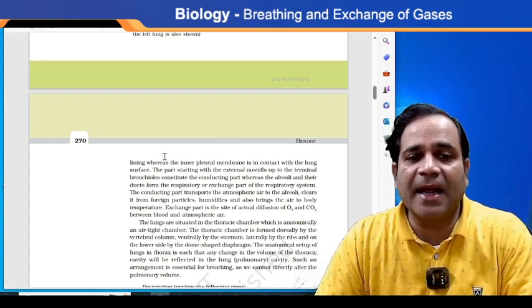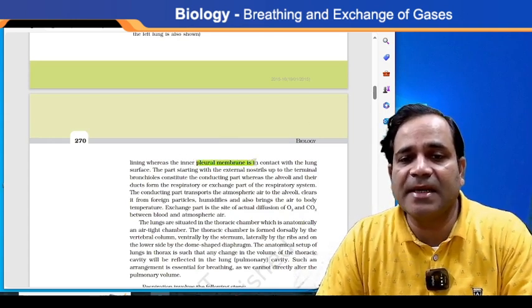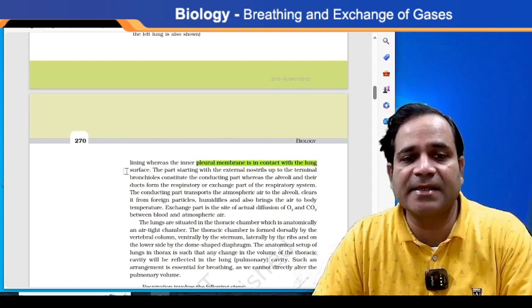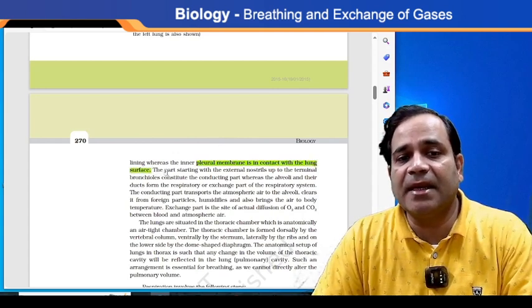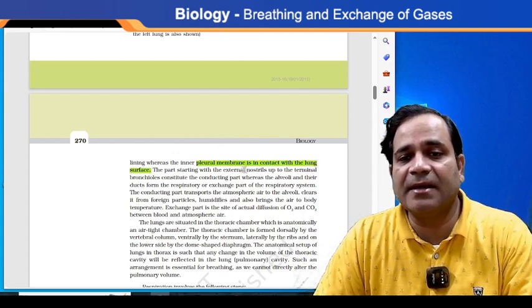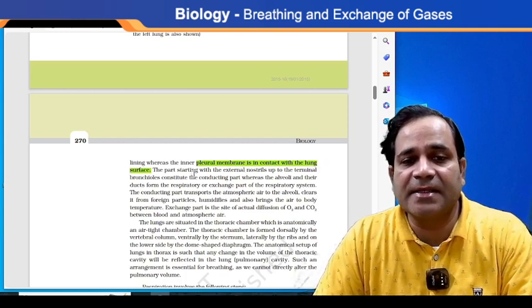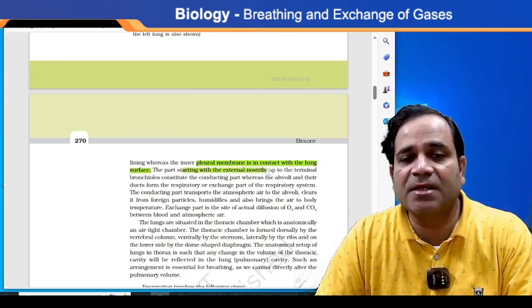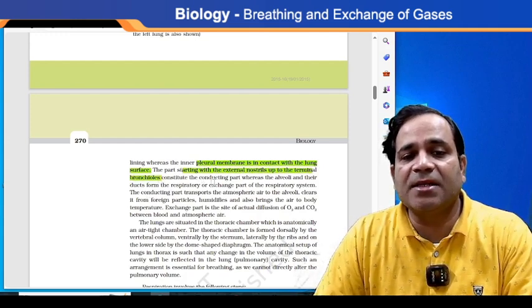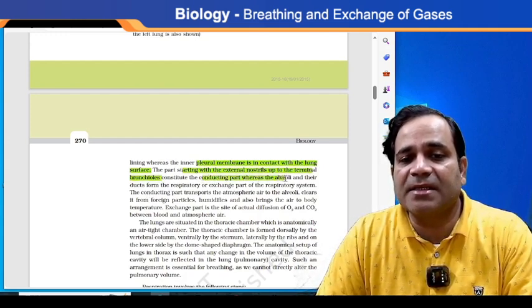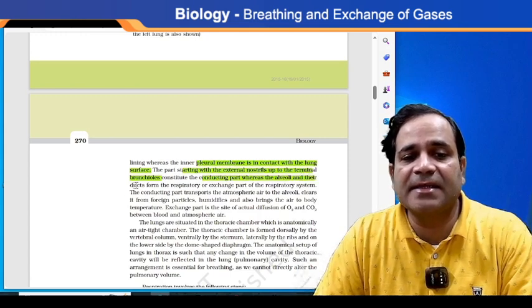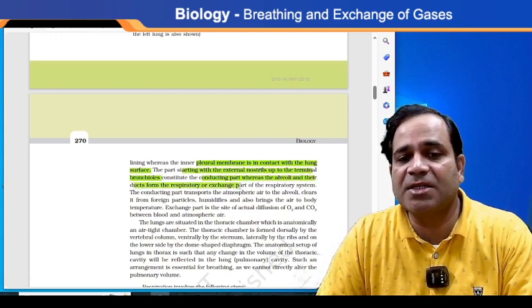Here the inner pleural membrane is in contact with the lung surface, and the inner lining starts from the external nostril up to the terminal bronchioles, and constitutes the conducting part.